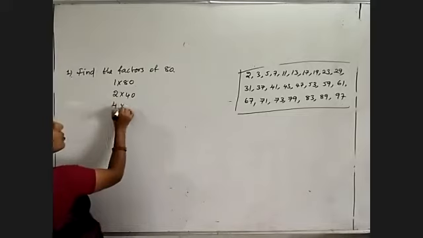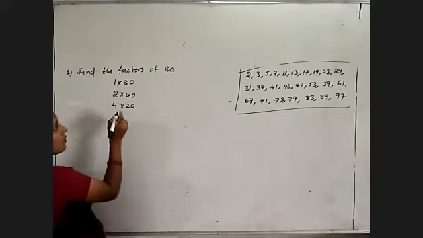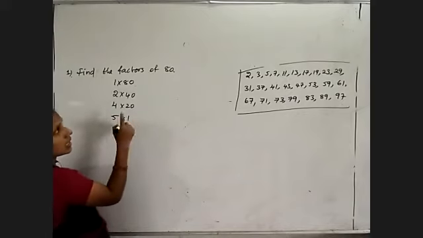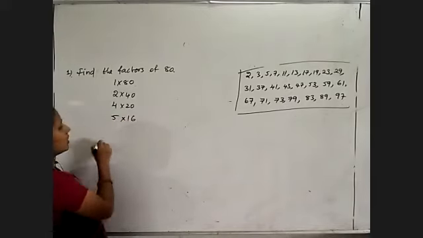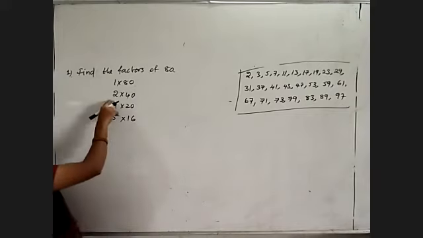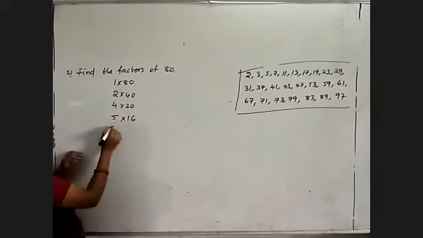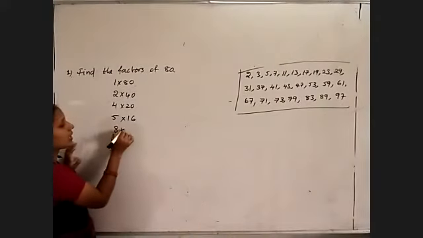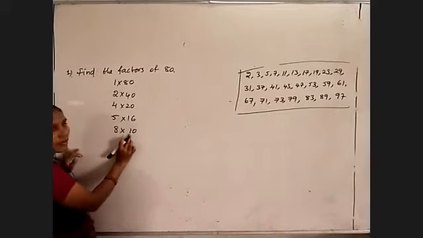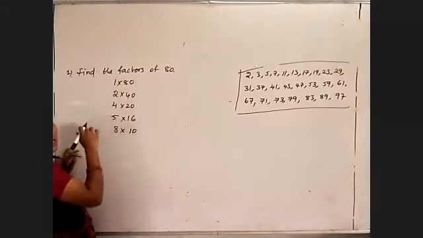The 4 table, 4 twenties are 80. The 5 table, because 0 is there, it cancels: 5 sixteens are 80. The 6 table will not cancel, because it doesn't cancel in the 3 table. And 7, no. 8, 8 tens are 80. The 9 table will not cancel. The 10 table, 10 is already finished. So from here onwards, the factors repeat.